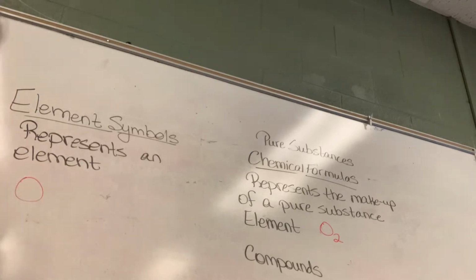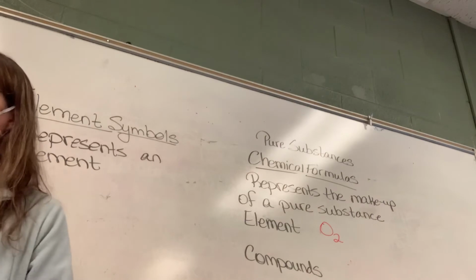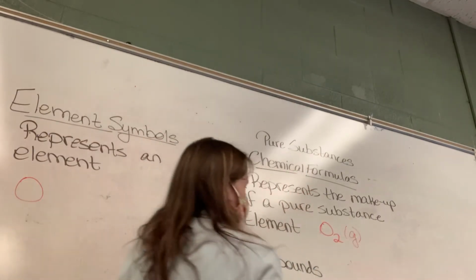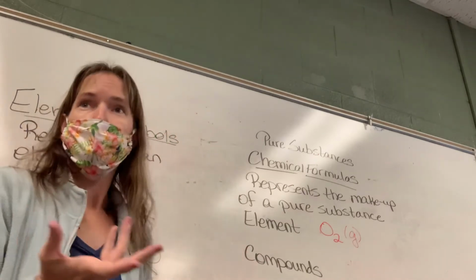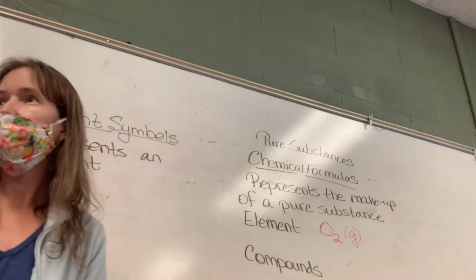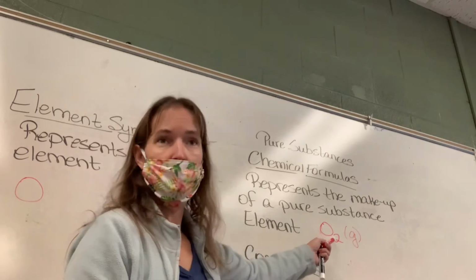And so a symbol doesn't mean element form, it just means atoms that have that many protons. That's all it means. So if we want to talk about the element form of oxygen, it's O2. Okay, so O2, what that means, when you have a chemical formula, you have symbols and you have subscripts. And the subscript will come directly after the element that it belongs with.